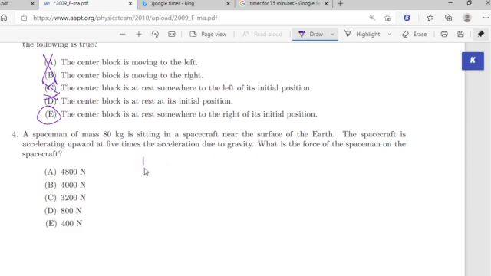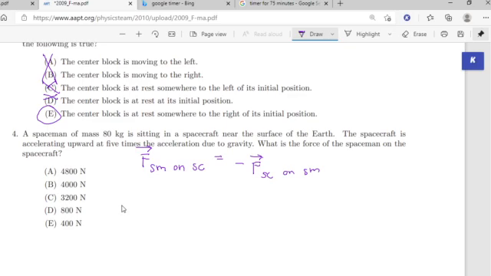Well, first of all, we know Newton's third law means that the force of the spaceman on the spacecraft is just the negative of the force of the spacecraft on the spaceman. So we can just find this, basically. And by negative, I don't mean it's literally negative, I just mean the vector points in the opposite direction.